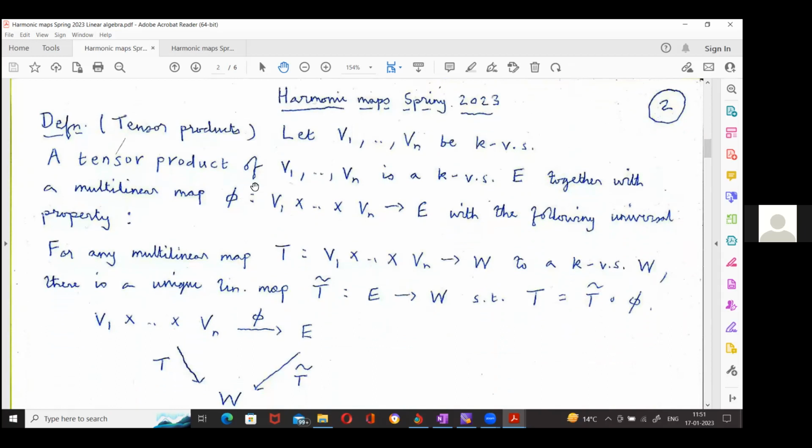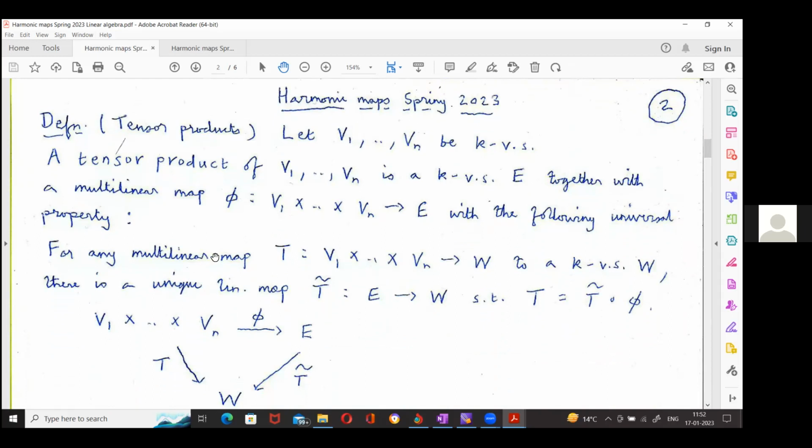So a tensor product, we will define it in terms of a universal property. The tensor product of V1 to Vn will be a vector space E together with a multilinear map phi from V1 cross Vn to E, which has the following universal property.